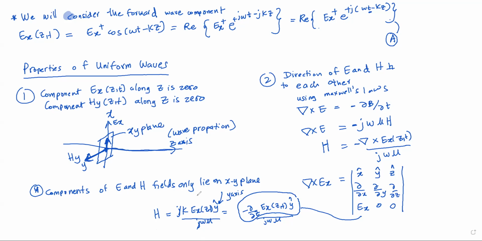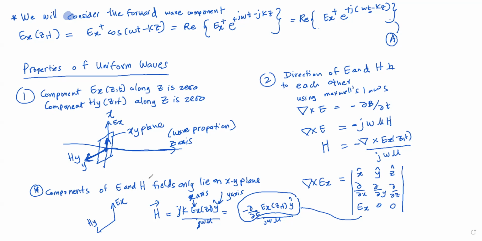So if the direction of the electric field is along the x-axis, the direction of the magnetic field is along the y-axis. So if we have the Ex component, or the electric field component in the x direction, the corresponding magnetic field component is occurring in the y direction.